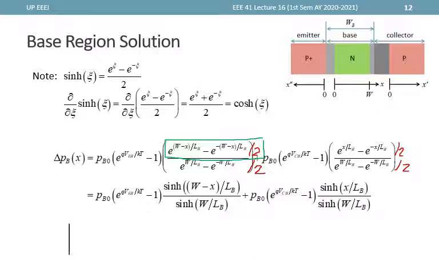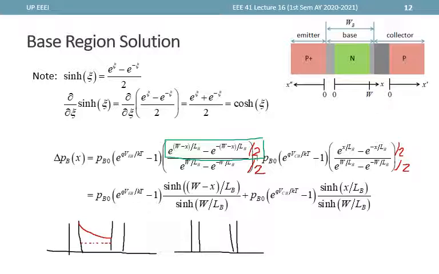So for example, if both junctions are forward biased, then we might expect something like this. If this is the equilibrium concentration at the base, if both junctions are reverse biased, then we'll possibly get something like this, depending on these complex functions right here.